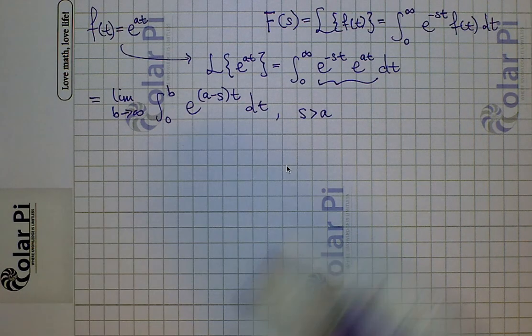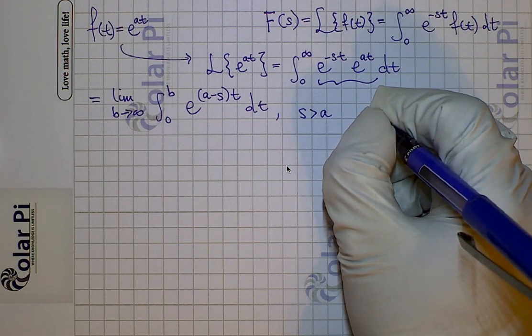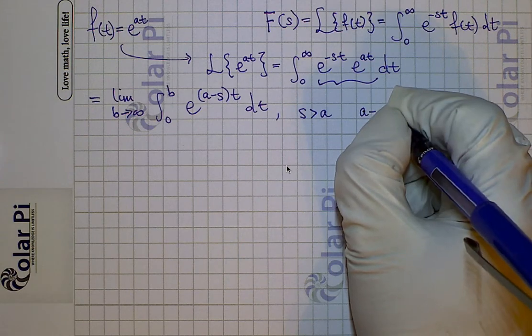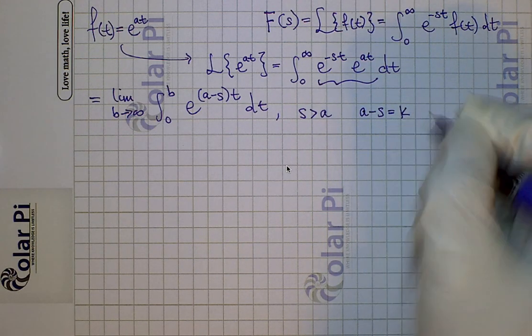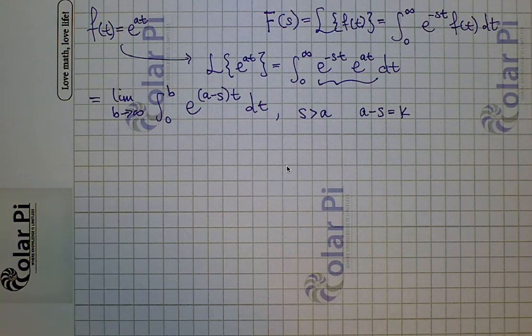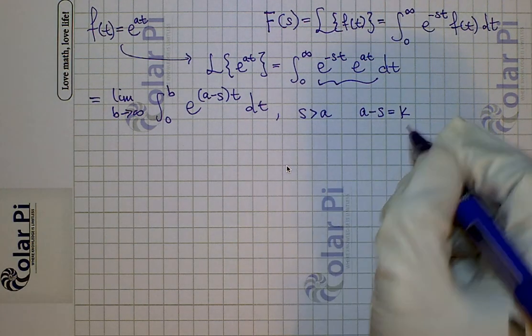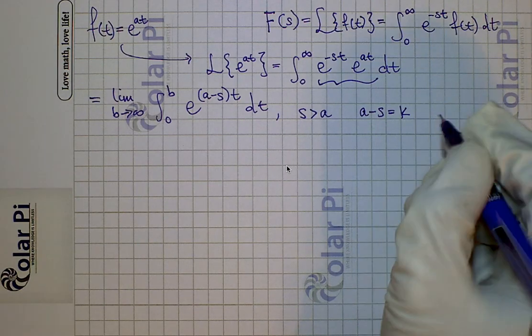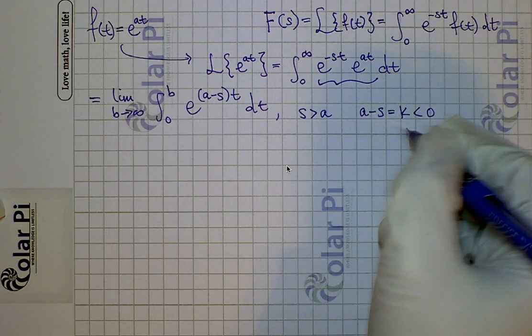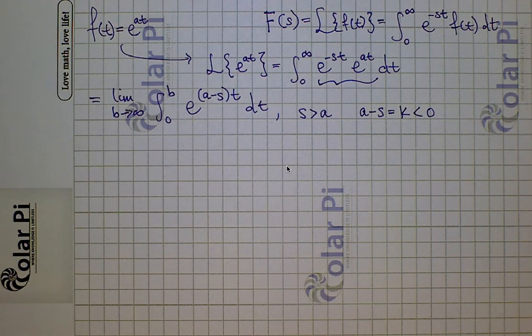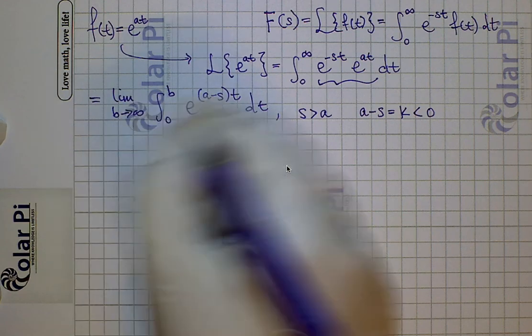And also, let's substitute k for a minus s, so a minus s is equal to k. Notice that the requirement s greater than a is the same thing as saying that k is less than 0. By this requirement, k has to be less than 0, and that's what we require for the convergence of this limit.